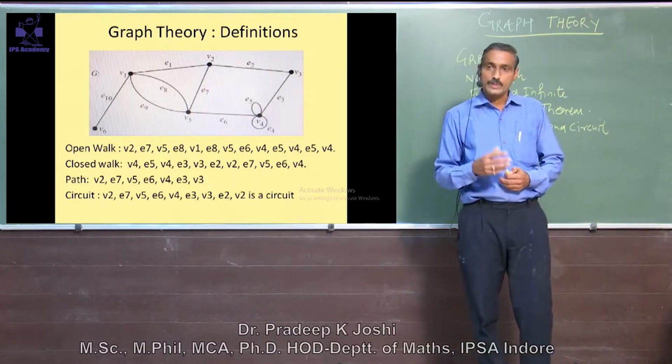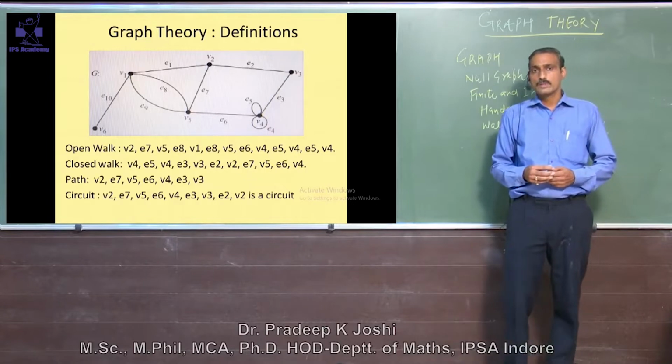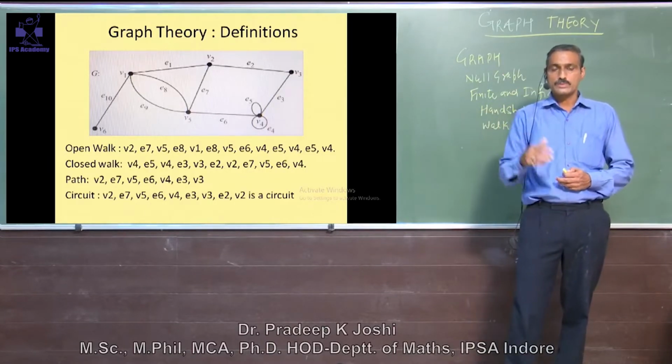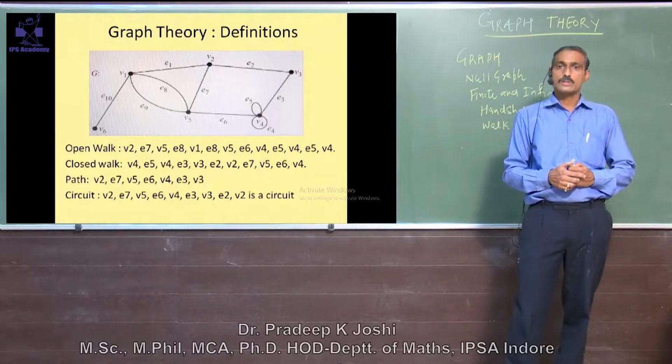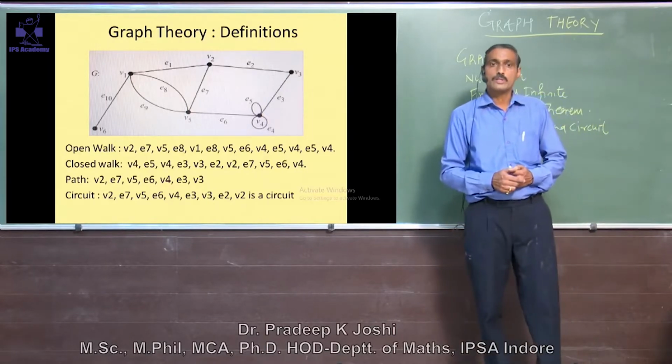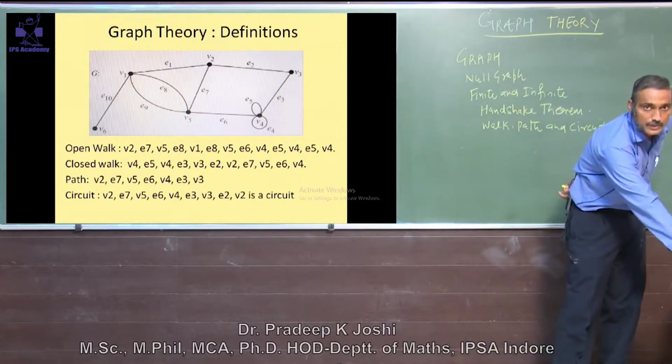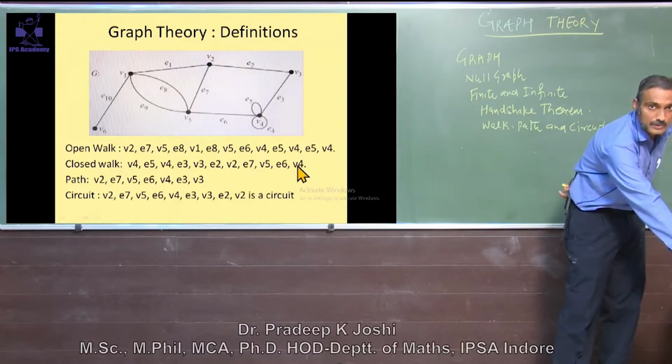Now the closed walk. By definition, a closed walk is one where the initial vertex and final vertex are the same. If we move on the graph in such a way that the initial and final vertex are the same, it is a closed walk. In this example, moving from V4 to V4 is a closed walk.